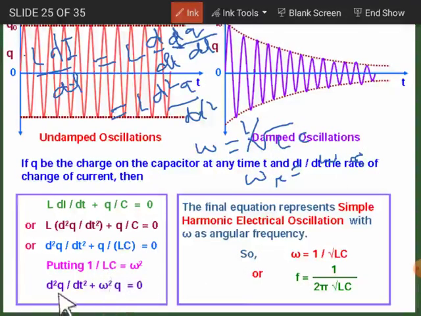So this is in the form of d square q by dt square plus omega square q is equal to 0. This is just the simple harmonic equation that we have learned in class 11. That will be equal to d square x divided by dt square plus omega square x, this will be equal to 0.